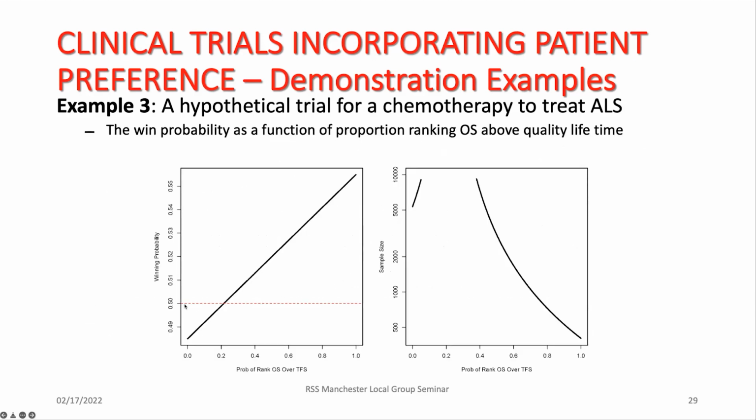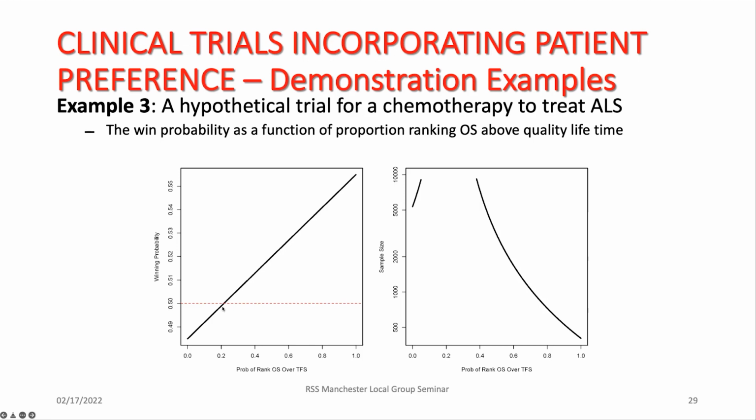Here's a break-even point. At the 50% winning point, if 20% of patients rank quality of life more than overall survival, then you can see the intervention is beneficial.